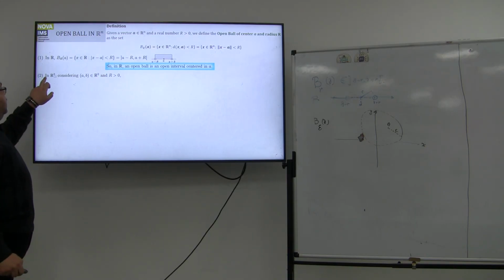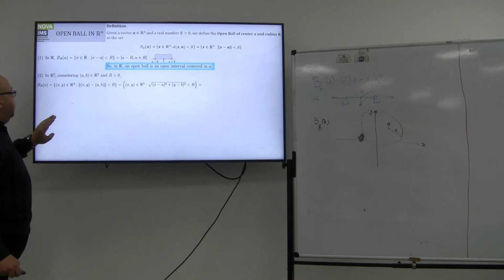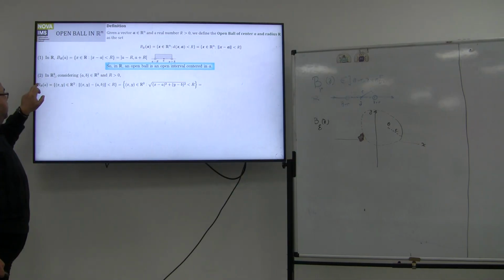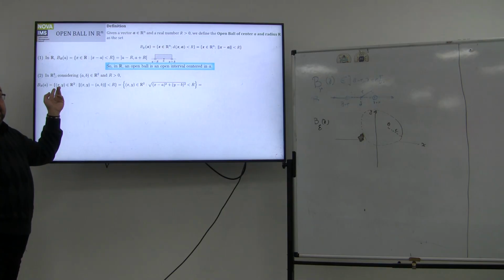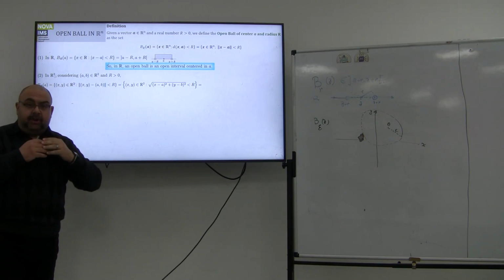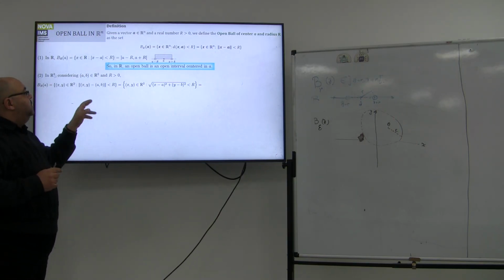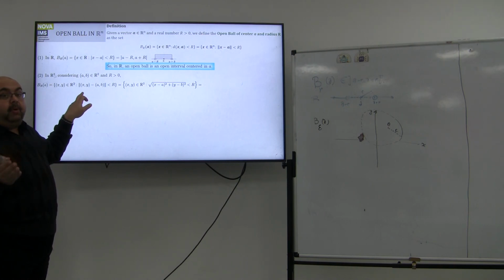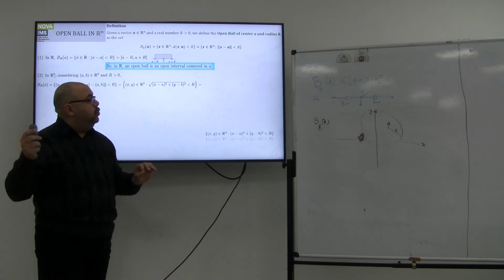If I'm talking about an open ball in R2, considering the points A and B, it's very simple. The open ball at A with radius R is the set of XY that belongs to R2, such that the distance from the point X, Y to A, B is less than R, which means the square root of X minus A to the power of 2 plus Y minus B to the power of 2 is less than the radius of your circle.